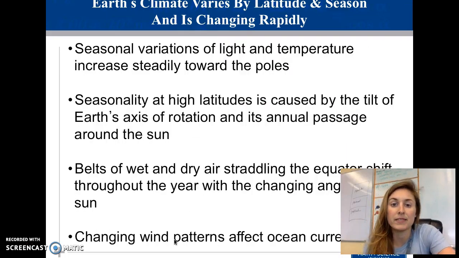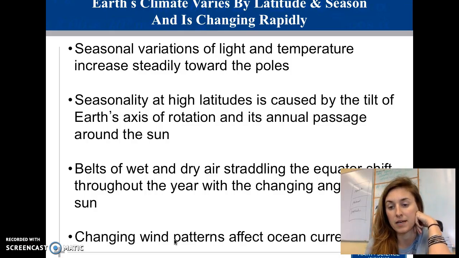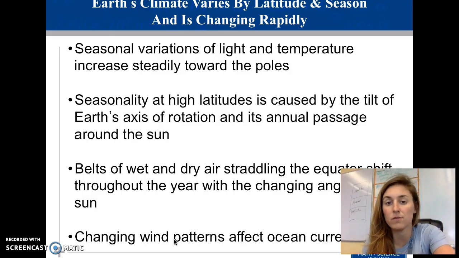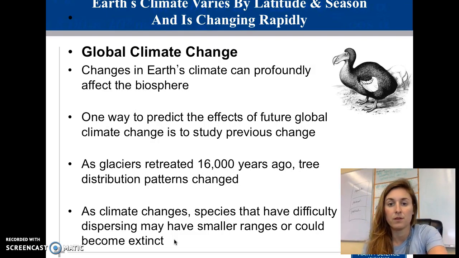My macroclimate can change depending on seasons with light and temperature. Where I am on the globe, if I am closer to the equator, obviously my humidity and my temperature are going to change. I also see different weather patterns depending on my latitude. And so all of these things impact, in turn, my biotic factors.